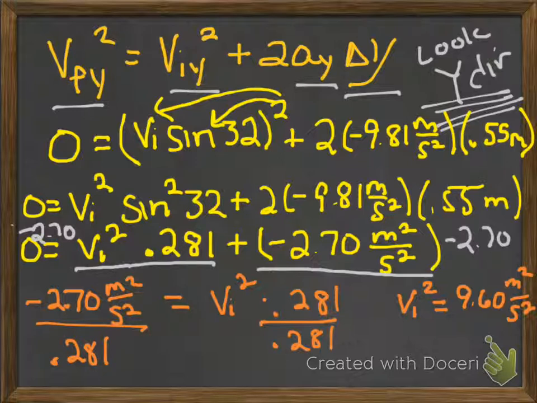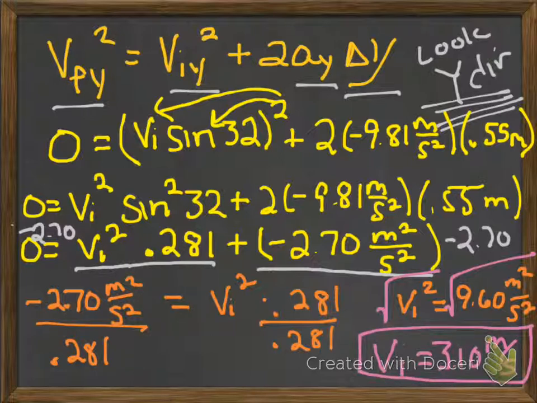Now we want vi, so we can take the square root of both sides. And remember, vi is now 3.10 meters per second. So that means the fish must travel at least 3.10 meters per second in order to reach the waterfall.